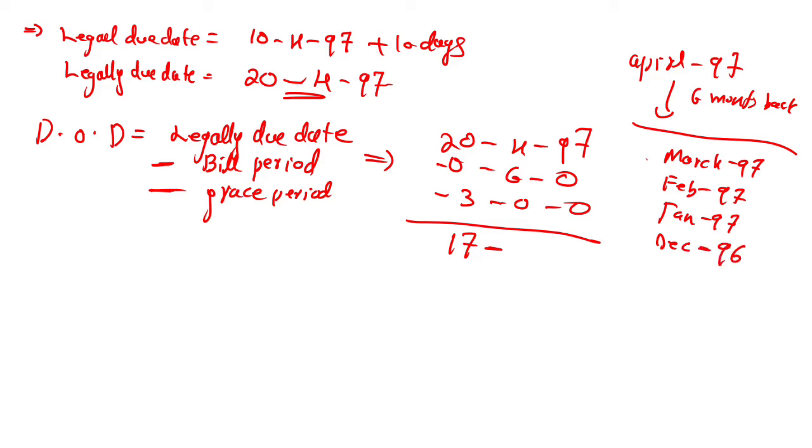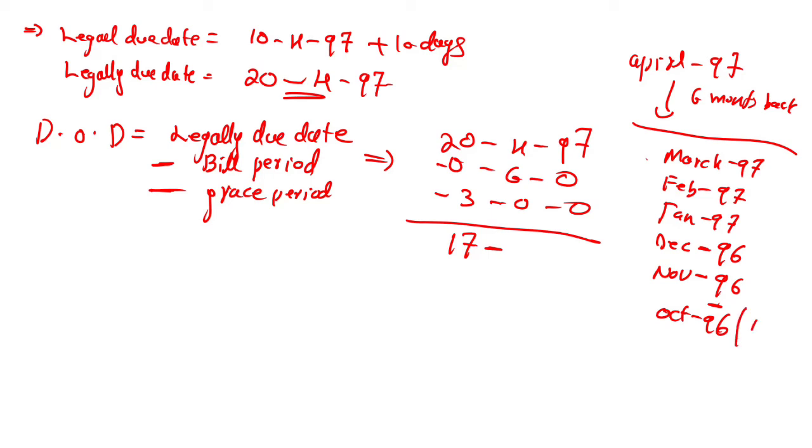Why? Because you are going in the backward direction, the year goes back. December 96, then November 96, then October 96. 1, 2, 3, 4, 5, 6.